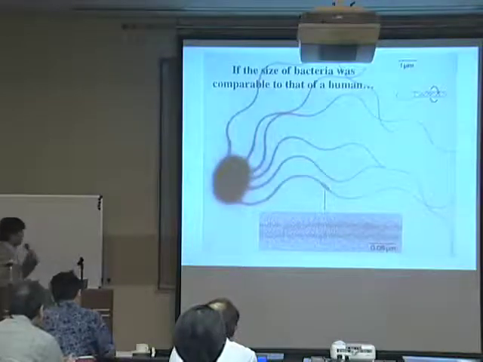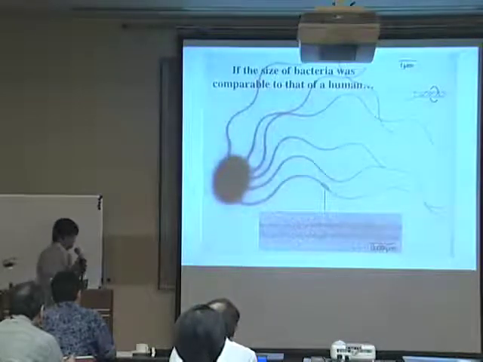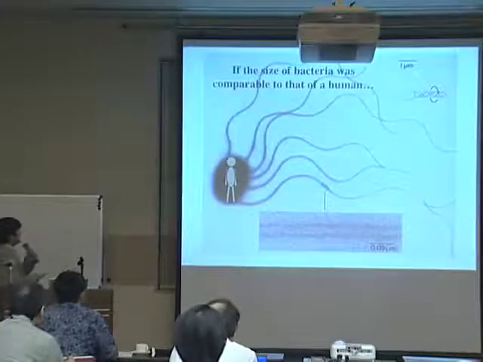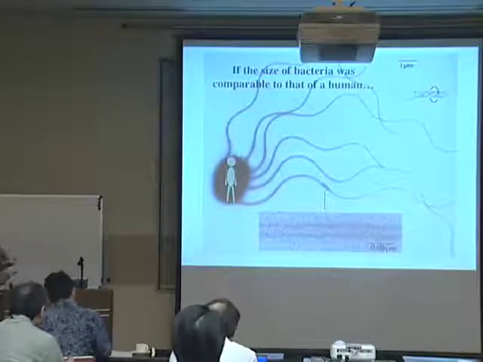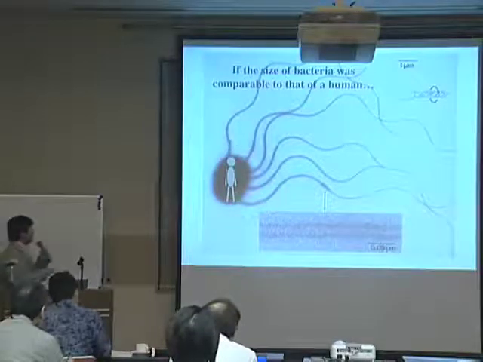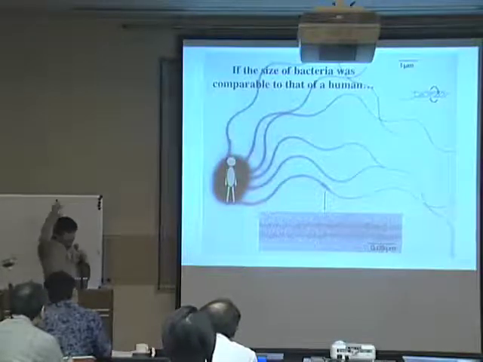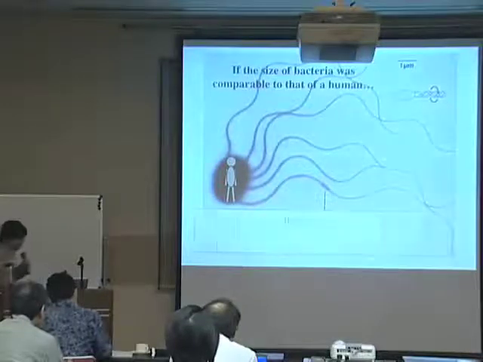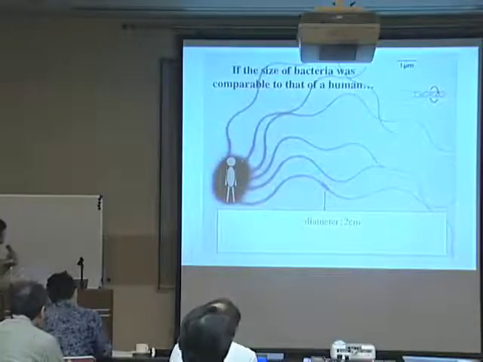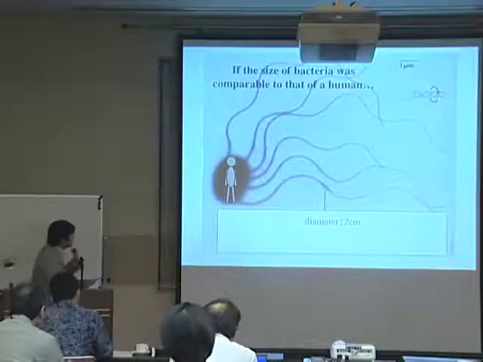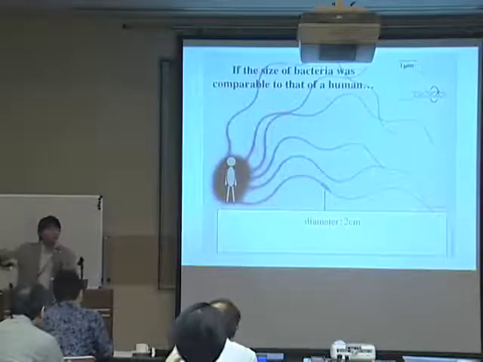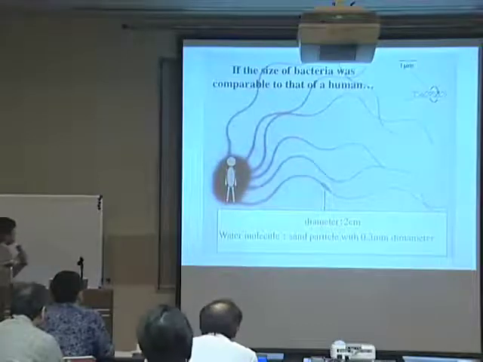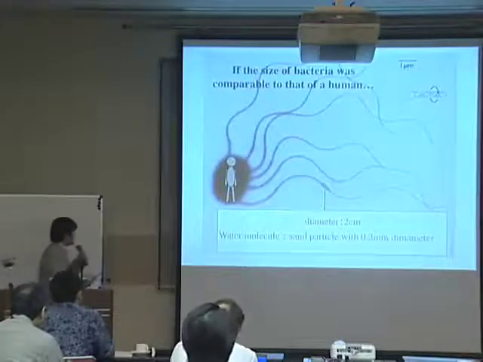What is the size of this? Let's think about the size. If the size of the bacteria were comparable to that of a human, say 160 centimeters tall like me, then the diameter of each filament would be about 2 centimeters. The bacteria swim in the liquid environment.